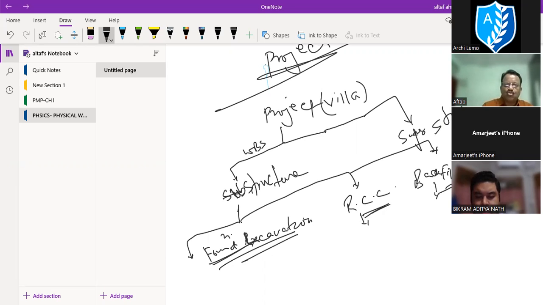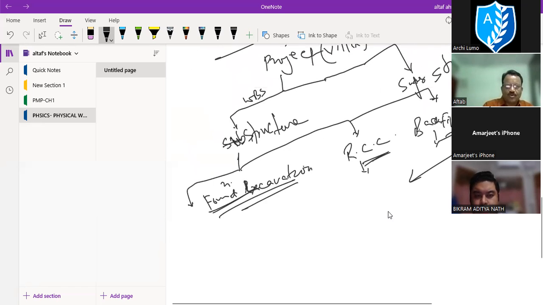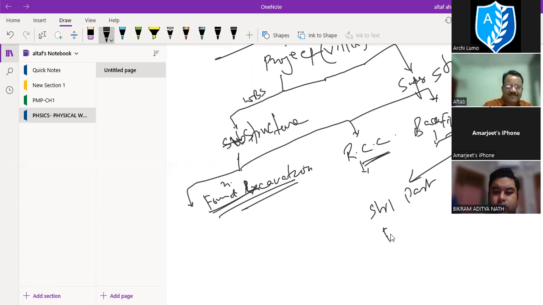Again, this superstructure can be divided into a structural part of the villa and a finishing part of the villa. Sir, the structural part, the RCC part.